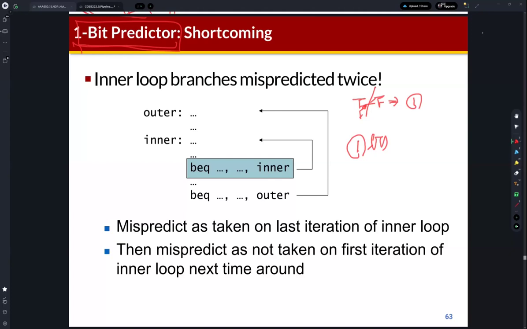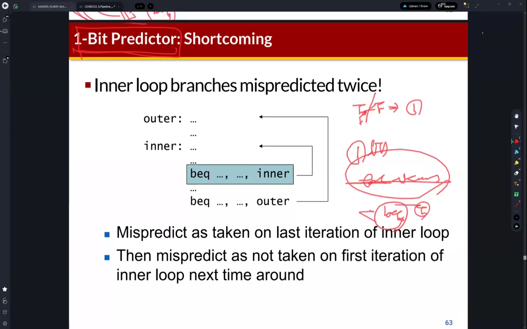It will work well for an iterative loop. For example, for i less than 100, if the BEQ is at the end of the loop and the past event is true, meaning it's taken, then it will be taken 100 times. Then we can predict the result of this branch instruction correctly 99 times out of 100. It's very good.